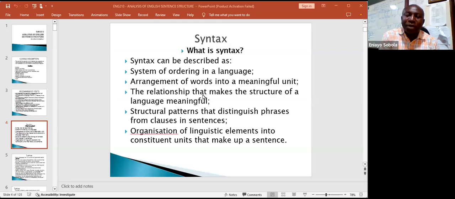Which one should be next, in order to achieve a meaningful use of language? So without understanding the nature of syntax, we may not understand that relationship, because there is a relationship in the language that combines the words to make them meaningful.